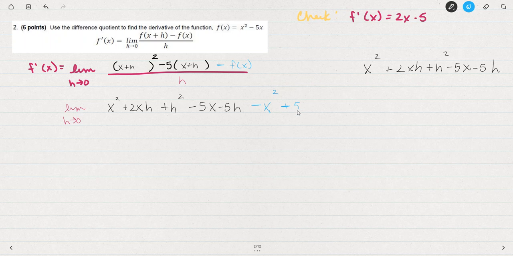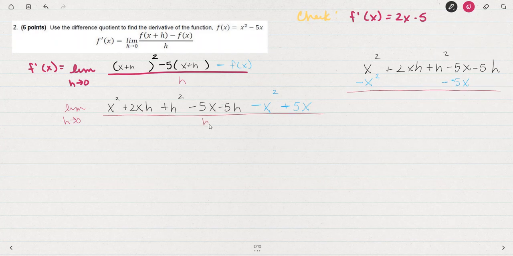So that becomes plus 5x. And if I do that subtraction over here, I subtract x squared and subtract the opposite of 5x. If I do that off to the side, I should get the same thing, but let me finish this out.